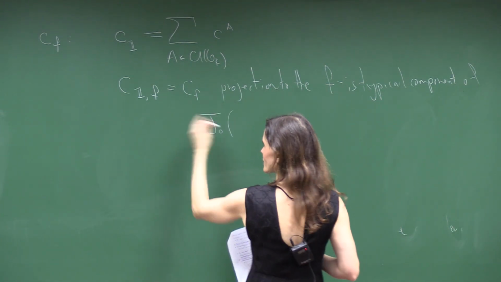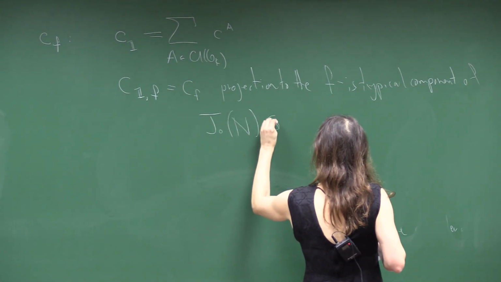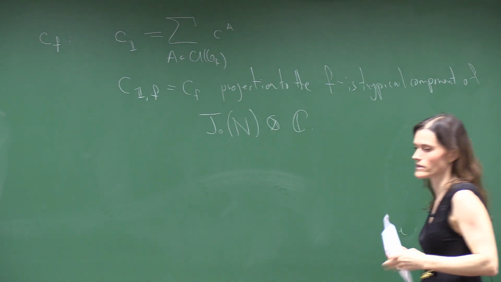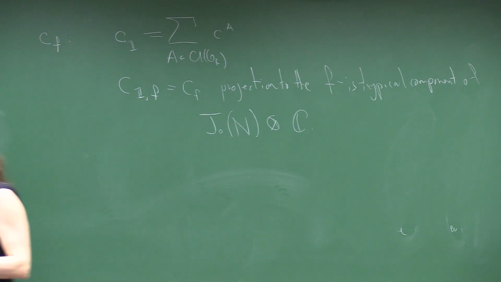The modular curve on which F is a function will have a Jacobian, and we look at its complexification, and there will be an F-isotypical component determined by the action of Hecke operators.